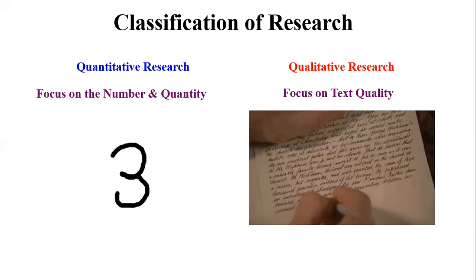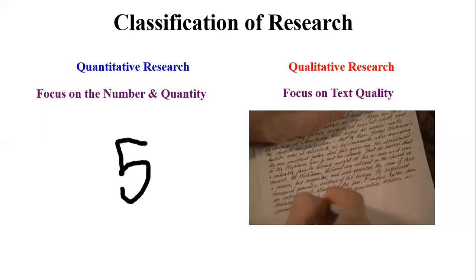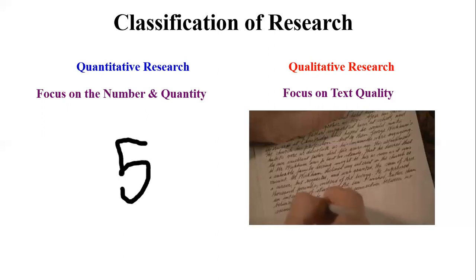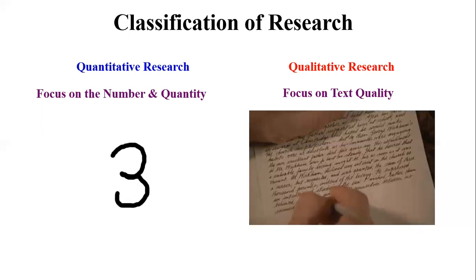Quantitative research shows a quantity. What does quantity mean? Quantity means numbers, right? When you go shopping, you take things and put them in your trolley. Whenever you go for billing, the bill shows the quantity of the things you buy at that store, right? And qualitative research focuses on text quality.